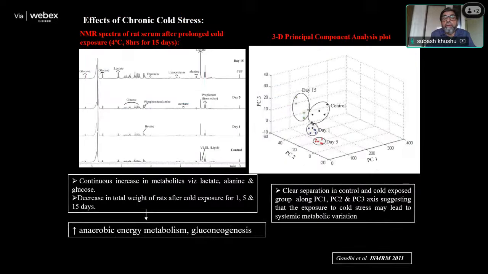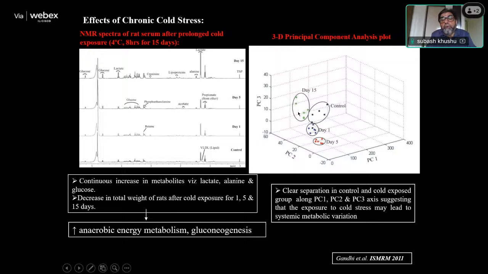Similarly, when you give chronic cold stress, these are the control animals, and on day 1 the animals are able to separate themselves from the control. When you take samples on day 5, day 10, day 15, you can see at all these time points they are separated from the control group.